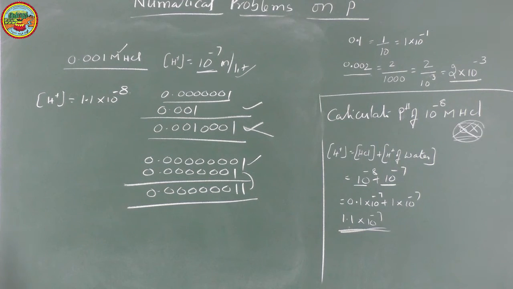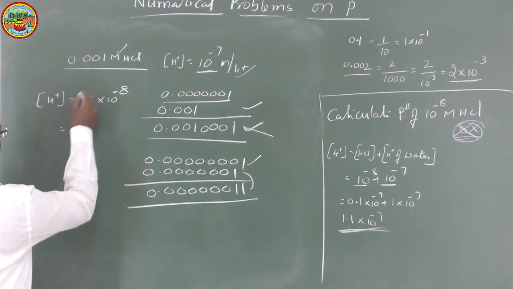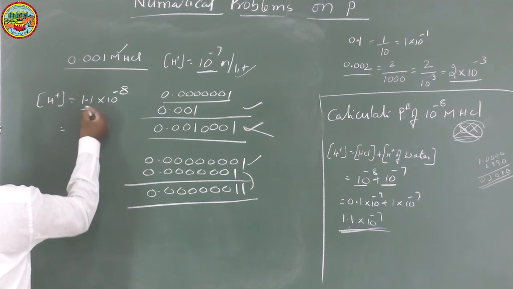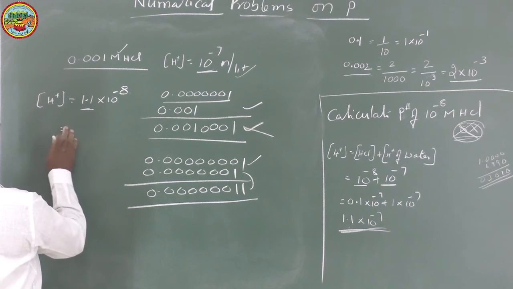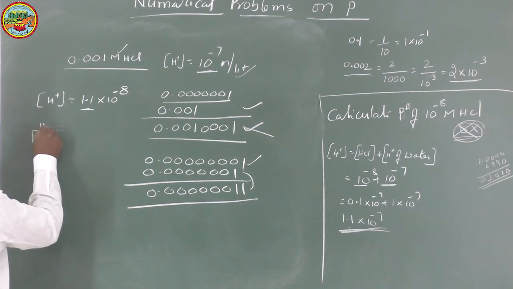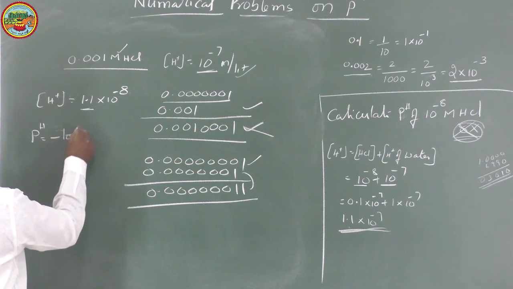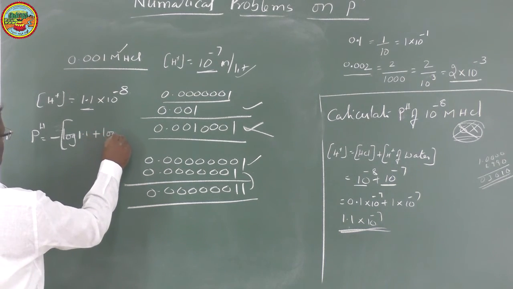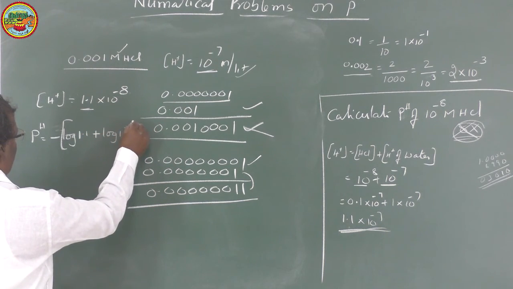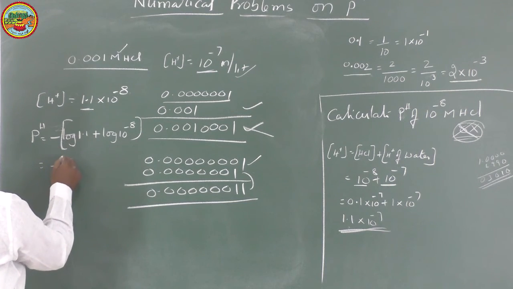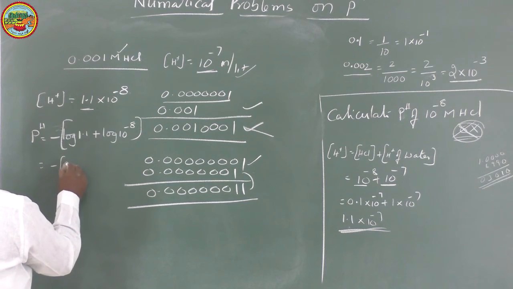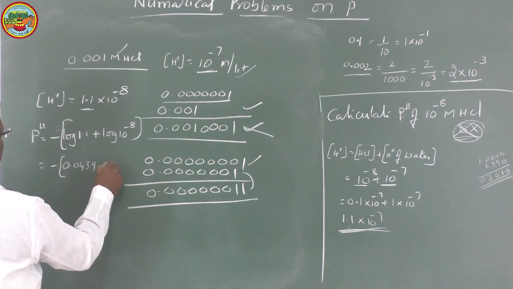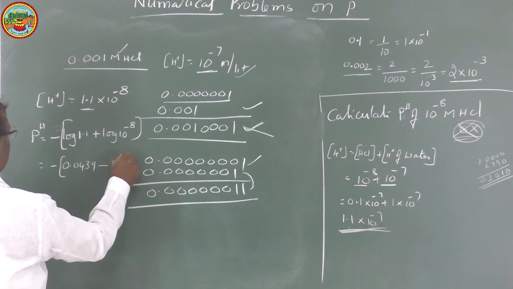Now if you take the log value for this, pH is equal to minus of log 1.1 plus log 10 to the power minus 7. So log 1.1 is equal to 0.0414, minus 7.